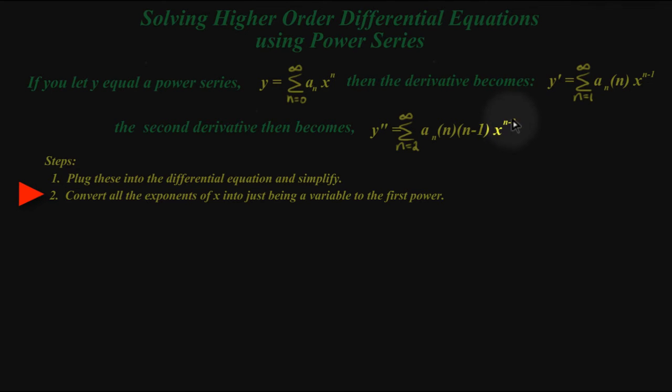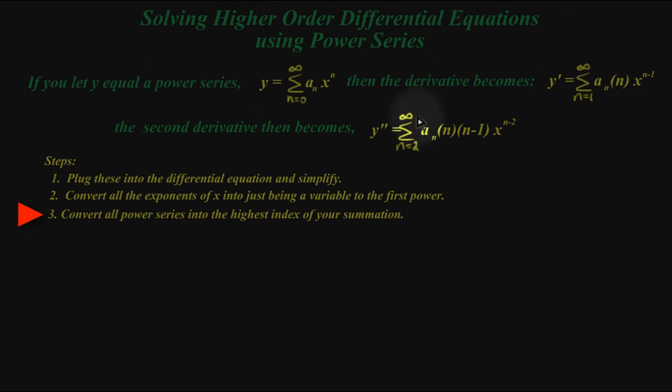Now when you do that, all the indices again will change, and your goal will then be to convert all the power series to the highest index. If I convert all the exponents and 1 is the highest index I find, all of the series need to have a starting point of 1 so that we can factor out a common series in the next step.